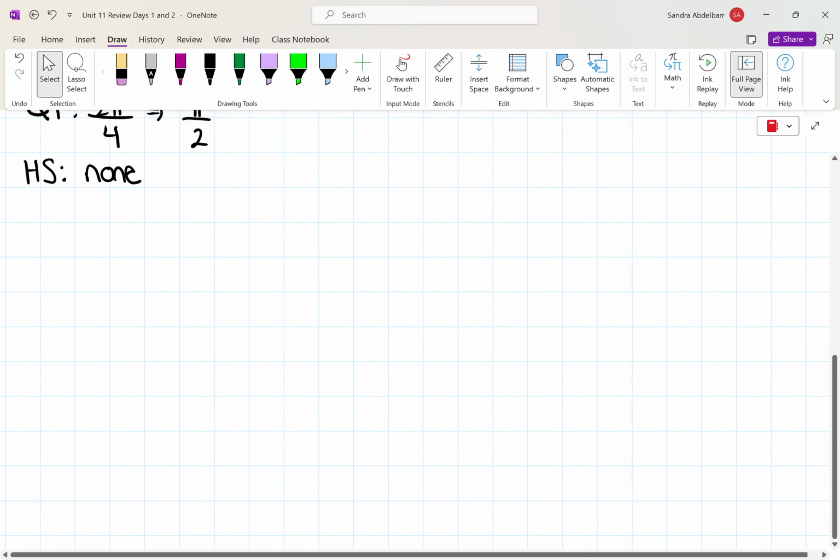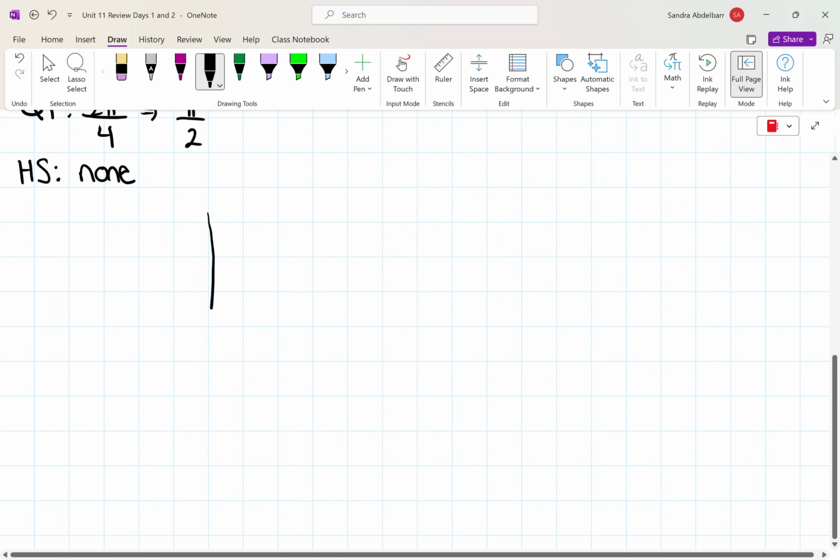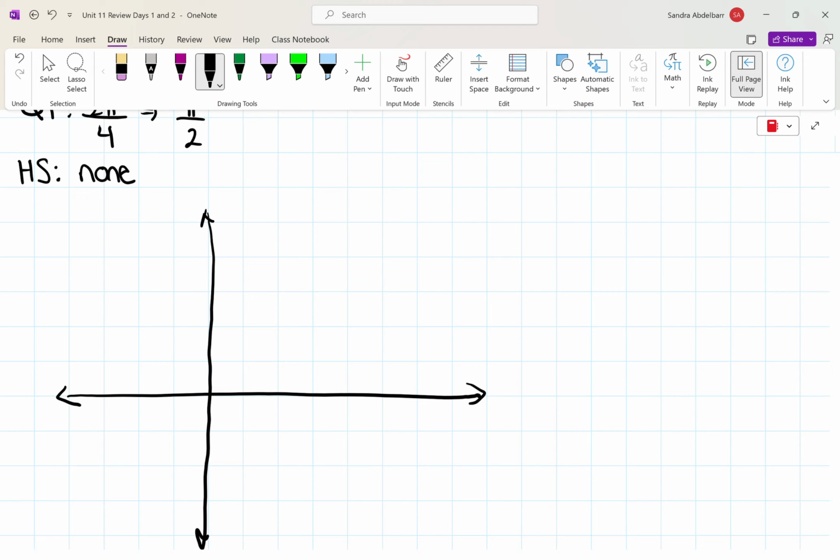And now we sketch this. I think I'm going all the way up to 7.